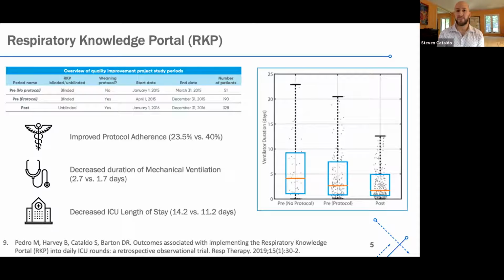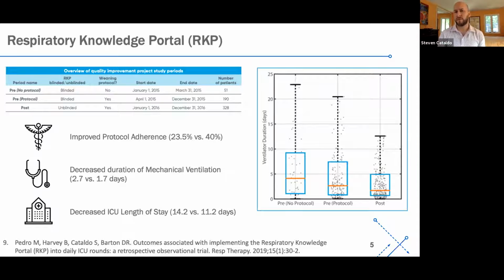It was basically in the background, collecting all the data from the ventilator and from the medical records that they needed to look at VAEs and protocol compliance with SBTs and awakening trials and things like that. There was no protocol in place, so this was just however they were practicing at the hospital.